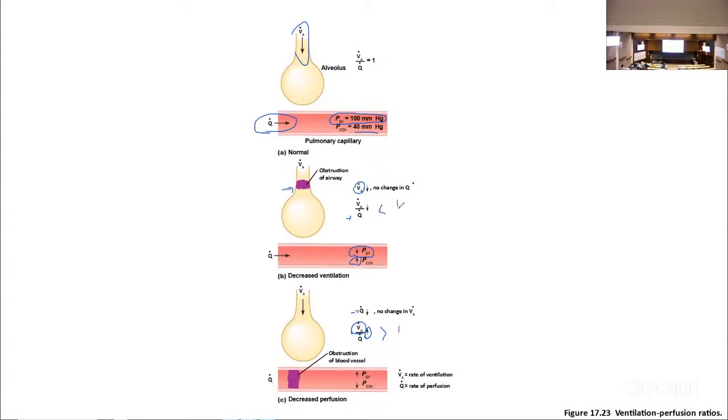Okay, cool. The results of this are that we see increasing levels of oxygen in the blood and decreasing levels of carbon dioxide after we have that obstruction of the blood vessel. And we're going to want to adjust our rates here as well. Okay.